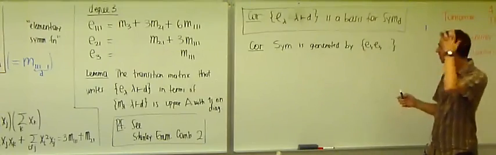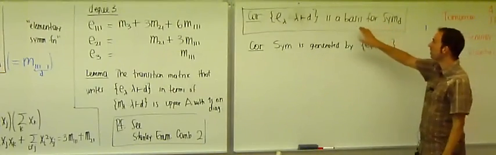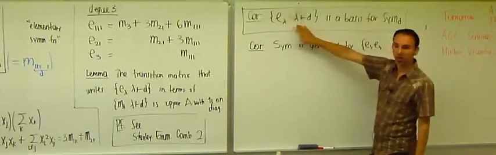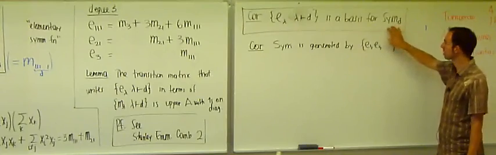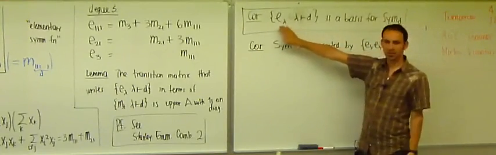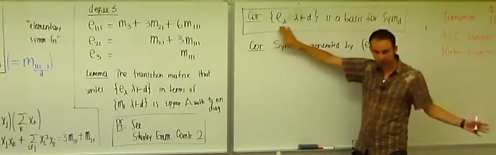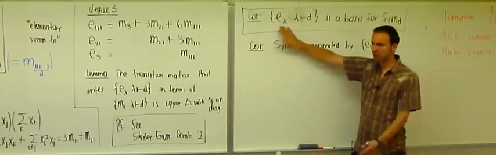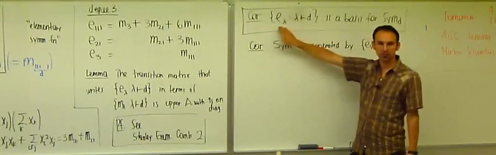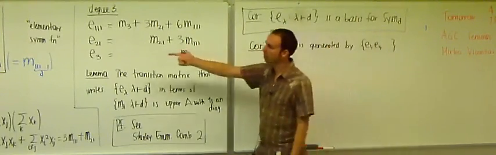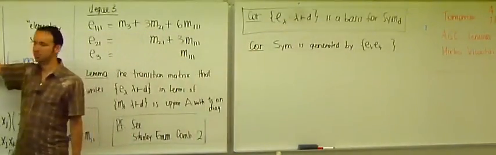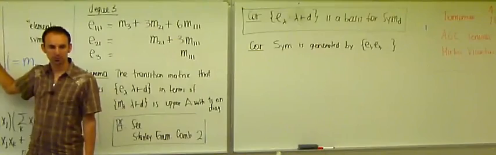But the thing is that I'm saying that these things are a basis for Sym, meaning that every symmetric function can be written in terms of the E lambdas as a linear sum. Every symmetric function is a linear sum of E lambdas, but by definition, E lambda is a product of E sub numbers.